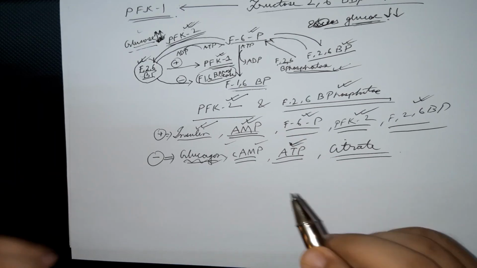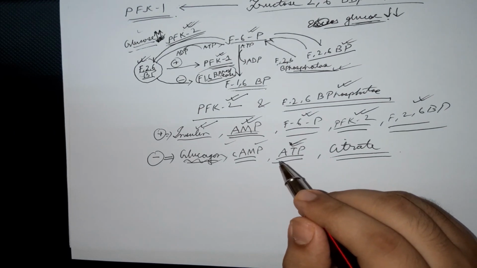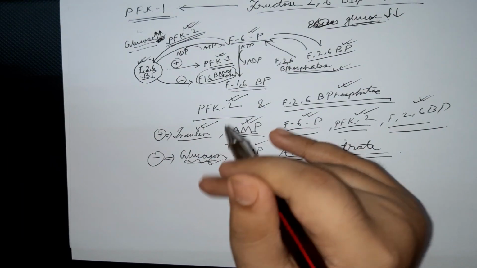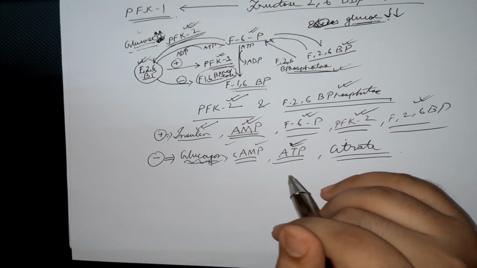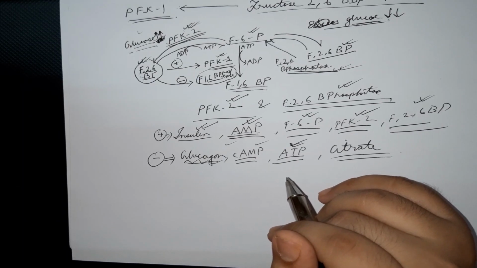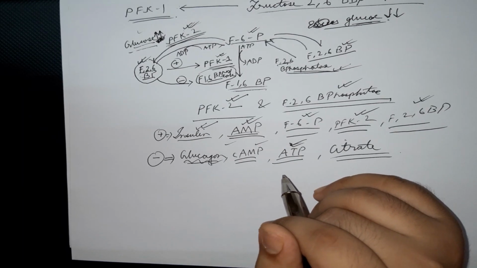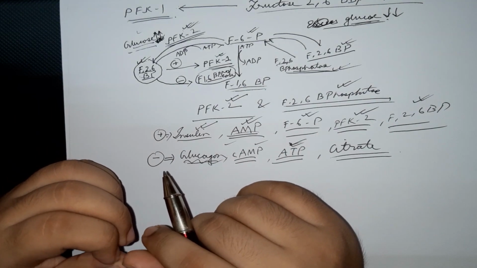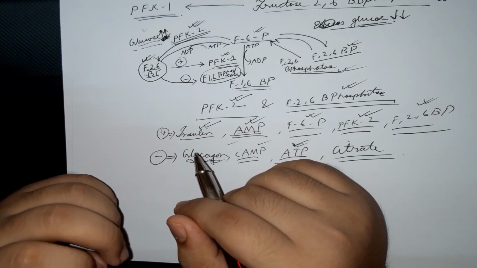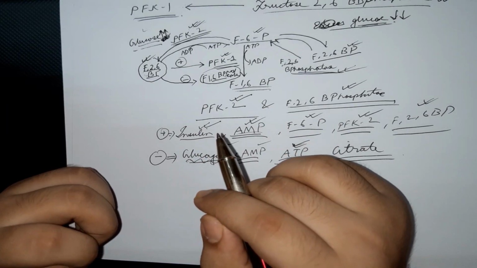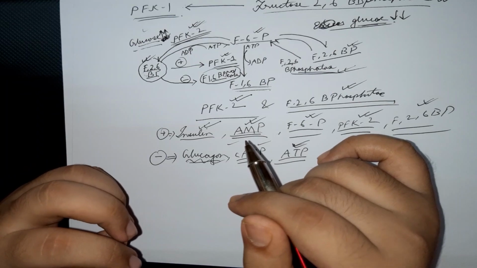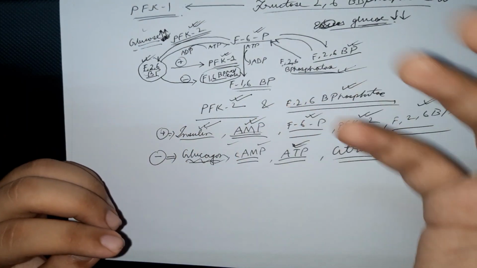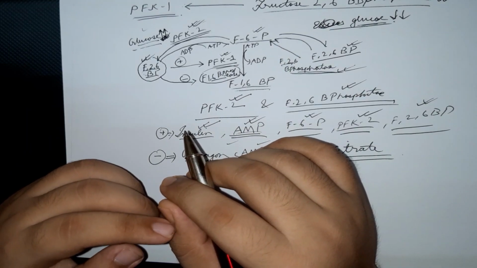ATP is an inhibitor, and ATP being an inhibitor is not something unique to this step only. We'll see in the next irreversible step also, ATP is an inhibitor, and the reason for that is, you see, glycolysis overall is a pathway in which ATP is formed. So if excess ATP is already present, then obviously the body would not want more ATP to be formed by glycolysis.